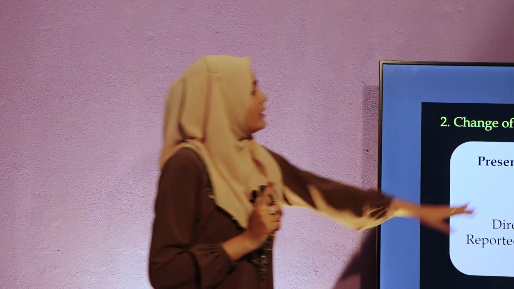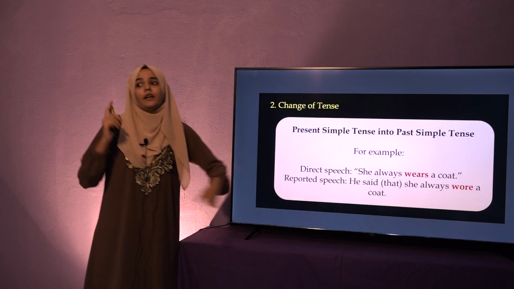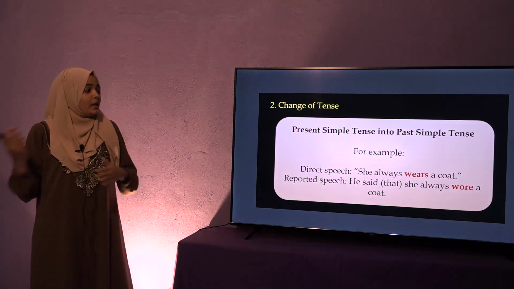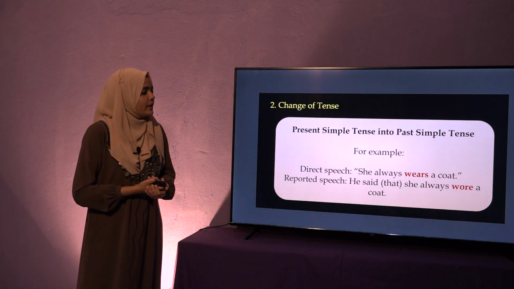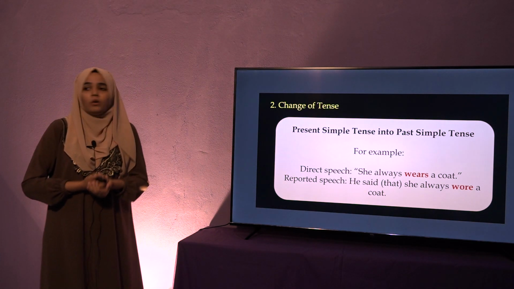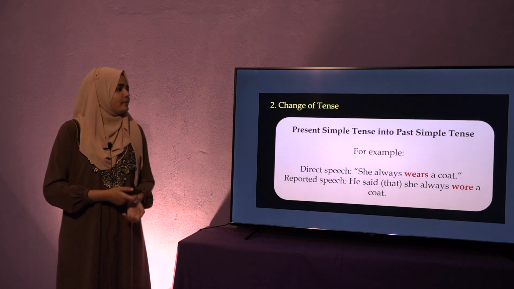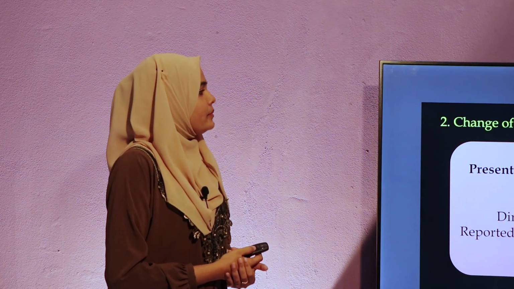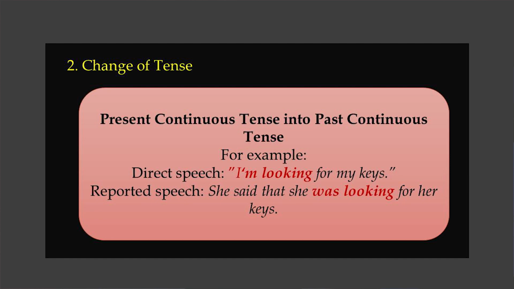Remember that here is an optional word. If you want, you can also say he said she always wore a coat. Next, if it's in present continuous tense, it changes to past continuous tense.